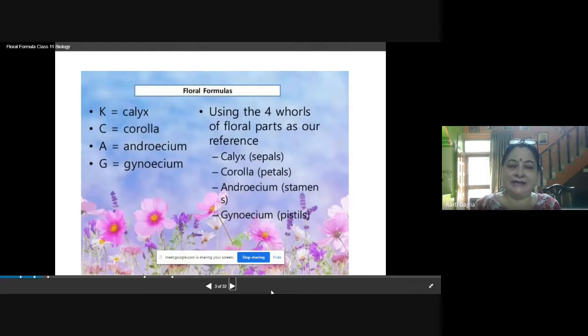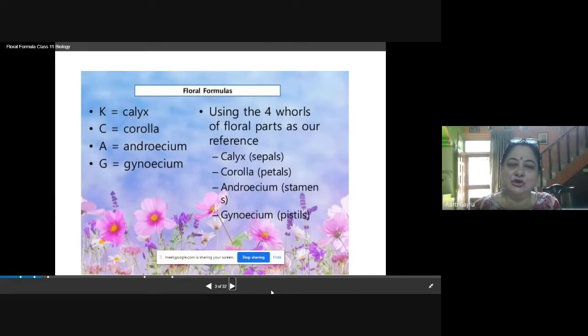Now for calyx. Calyx is the first whorl, the outermost whorl. There are four whorls which we have already learned: the whorl of sepals, the whorl of petals, androecium and gynoecium. The first whorl from outside, the whorl of sepals, is called calyx, and it is denoted by K. Because calyx and corolla both start with C, calyx is denoted by capital K and corolla by capital C. Clear?